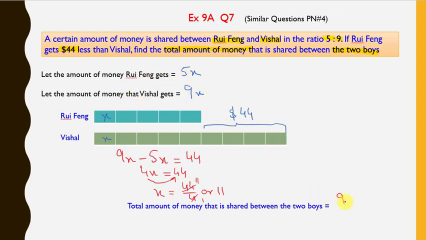So the total amount of money will be 9x plus 5x. We will add these both amounts.